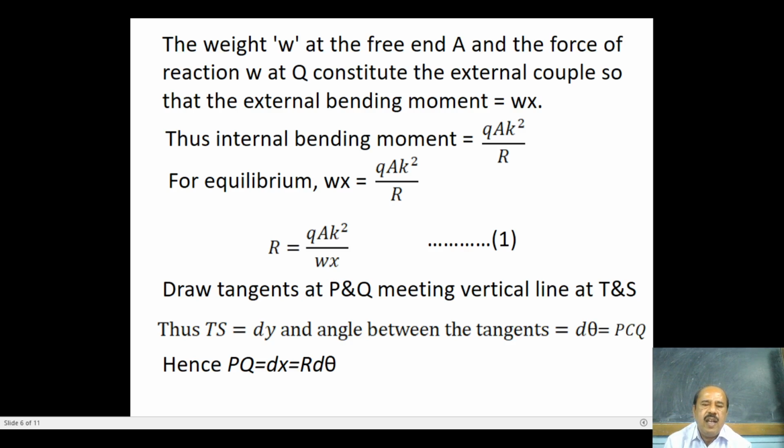The internal bending moment is given by the expression Y A k square divided by R. This expression we have already derived when discussing the bending of beams.